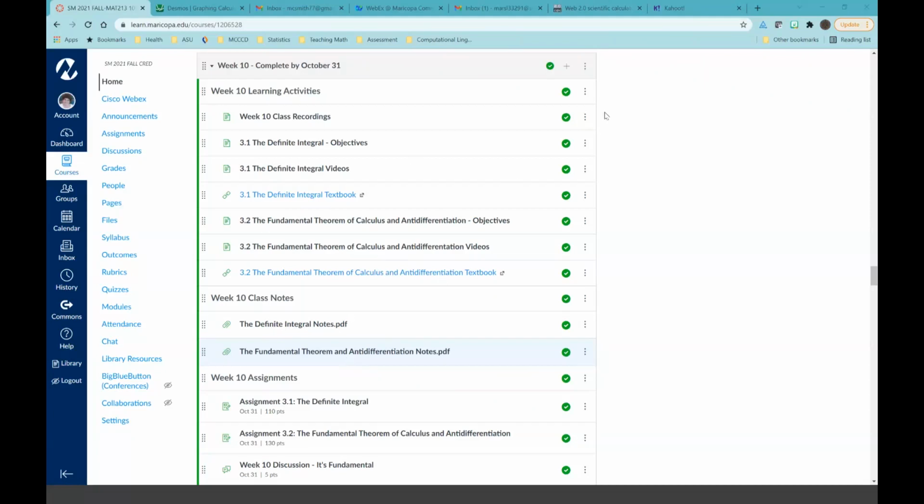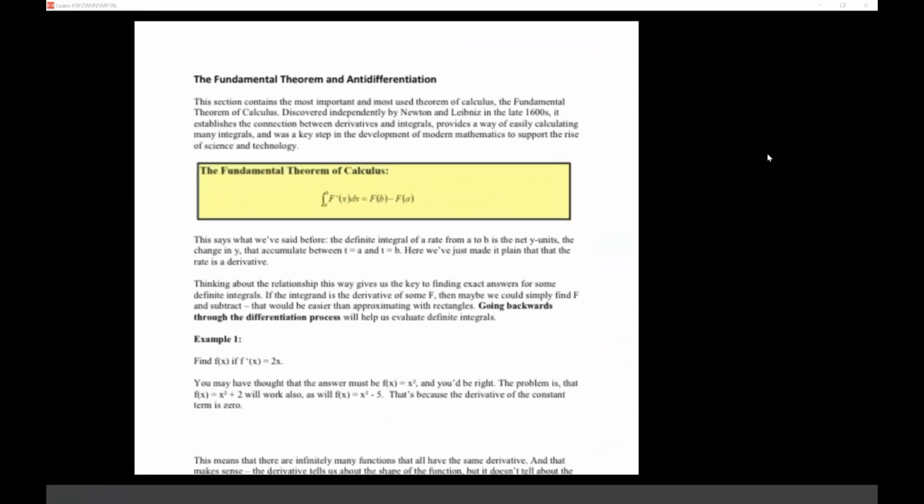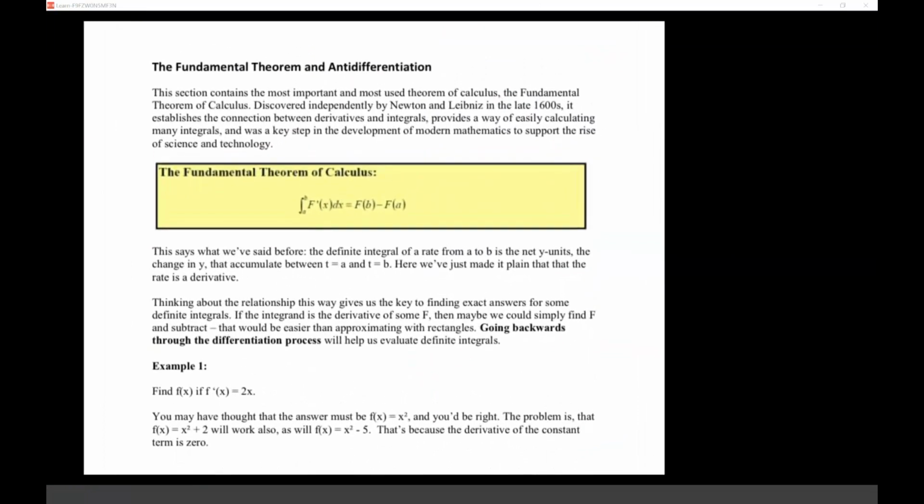Okay, now let's share the content. Okay, everybody should be able to see my notes, fundamental theorem and antidifferentiation.